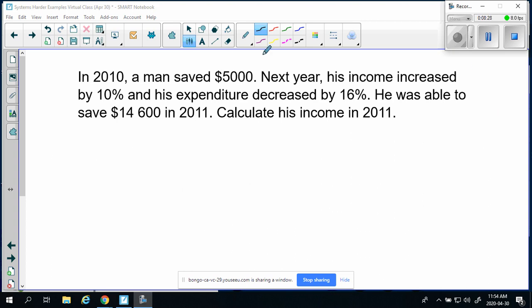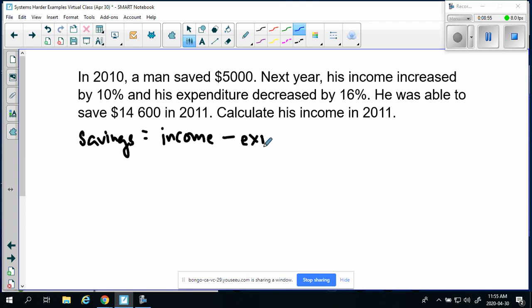In 2010, a man saved $5,000. And then the next year, his income increased by 10% and his expenditure decreased by 16%. So I think the first thing you need to think about is that your savings is equal to your income minus your expenditure.